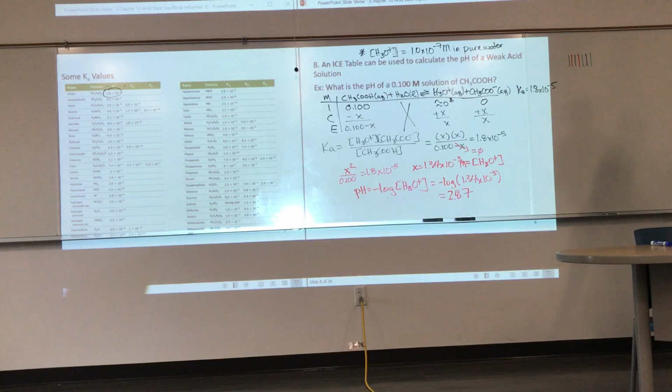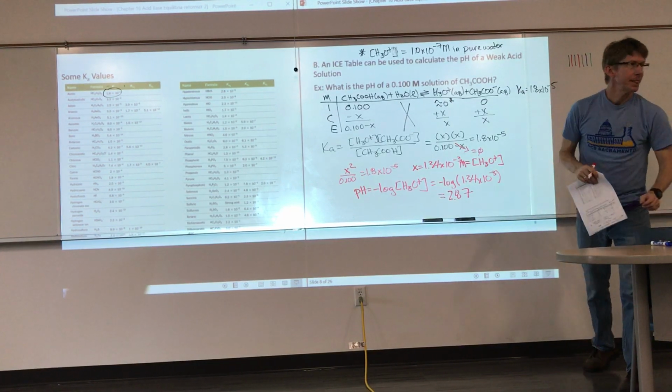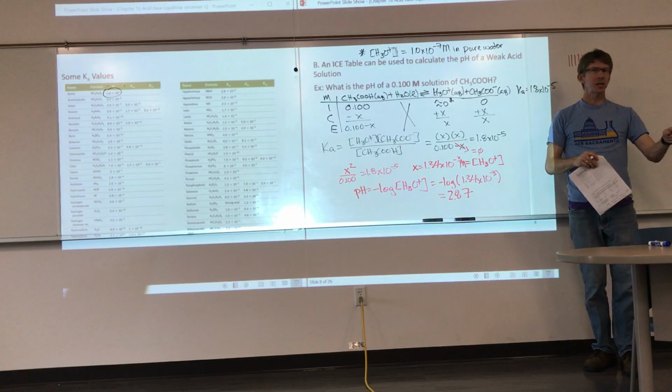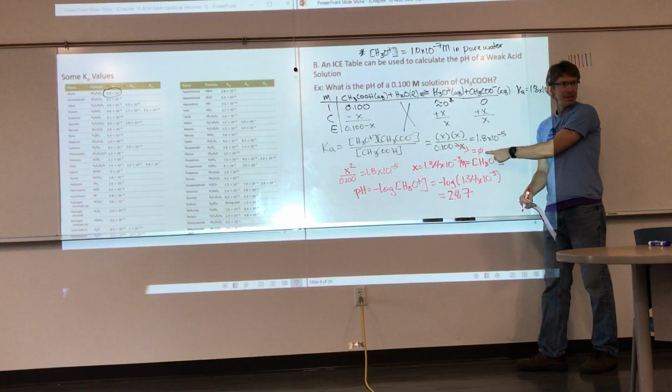Done. Any questions? Can you explain why, again, I'm still kind of stuck on why you assume that your x is 0 on the denominator? Good question. The question is, why did I assume this x equals 0?